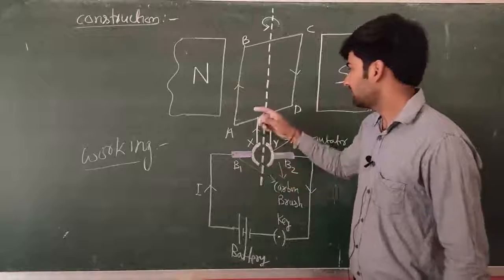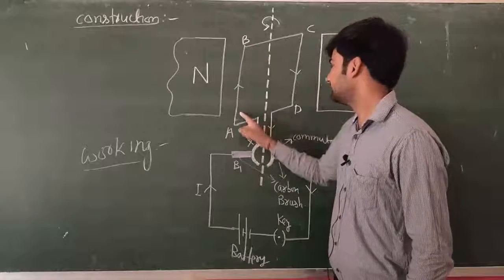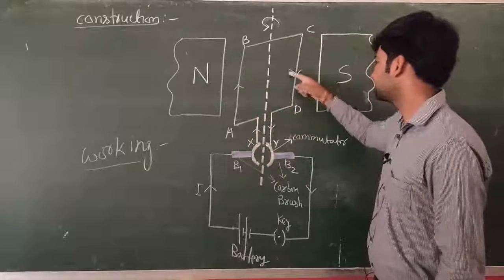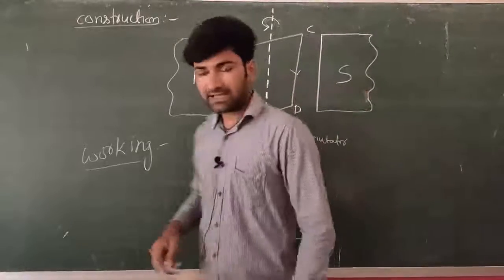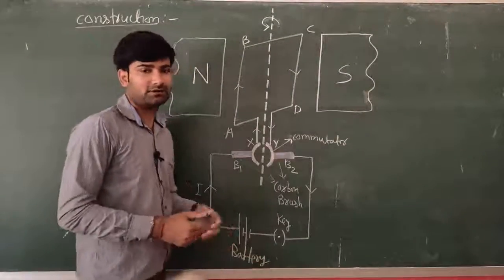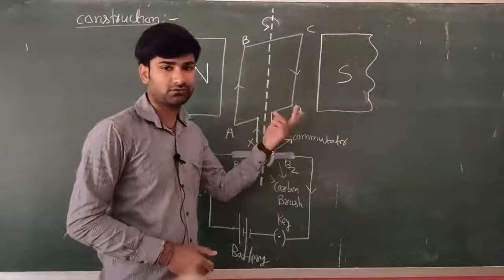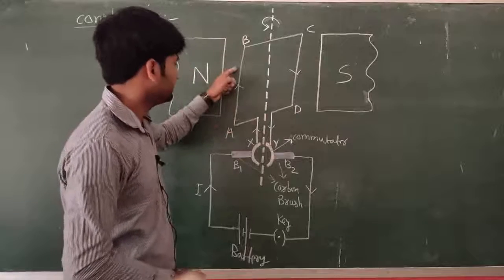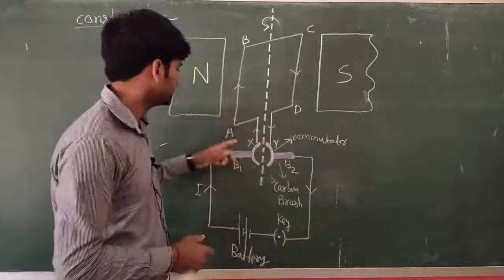As we know, inside AB current is flowing upward and inside CD current is flowing downward. And as we know, when a current carrying coil is placed in a magnetic field, then it experiences a force. So this side AB experiences a force, but we don't know the direction of force.